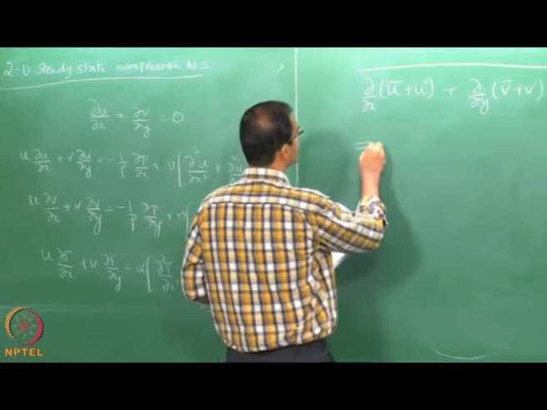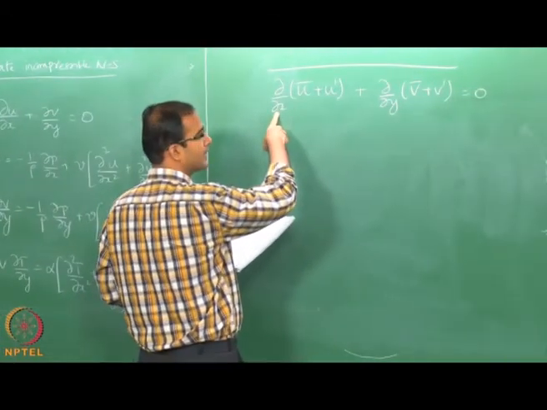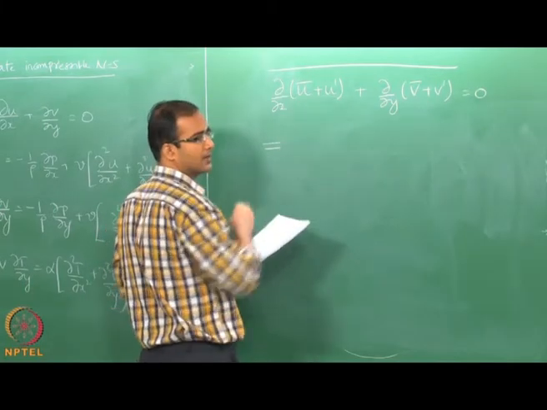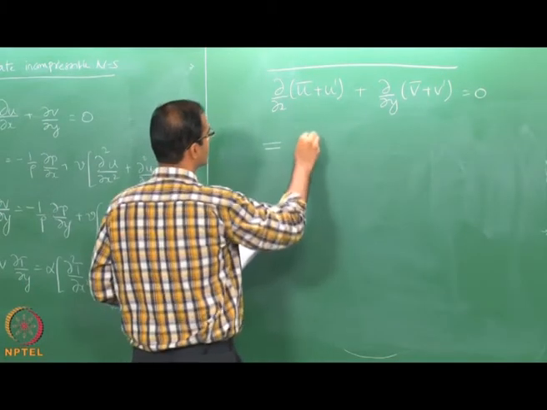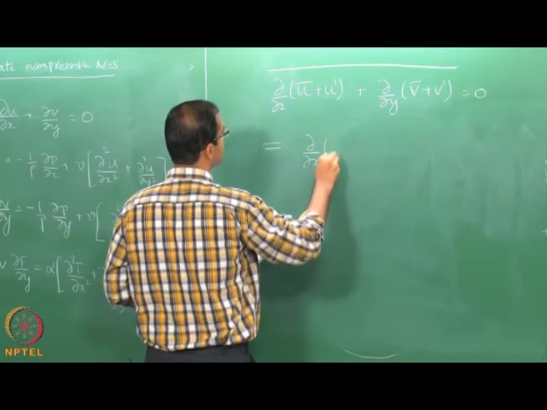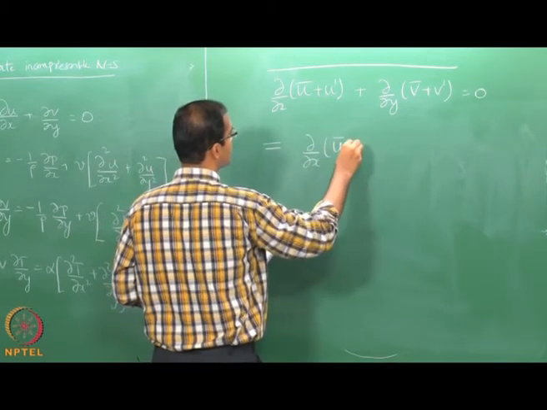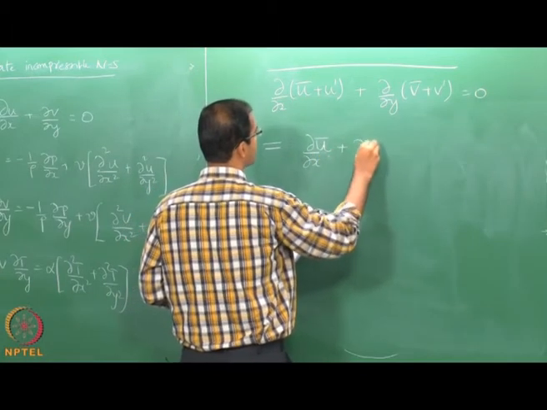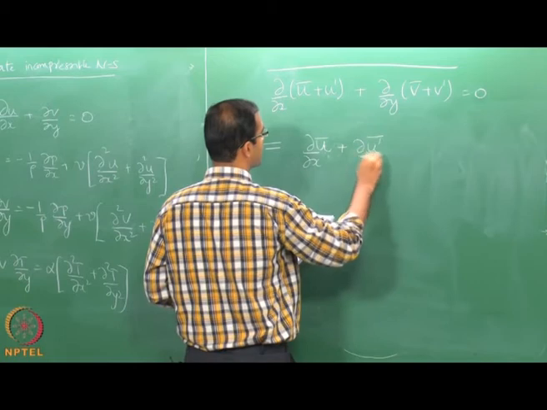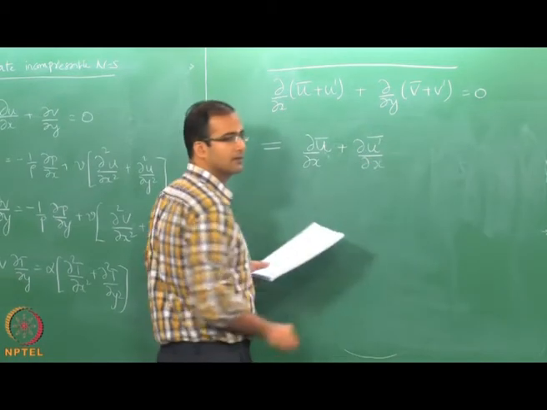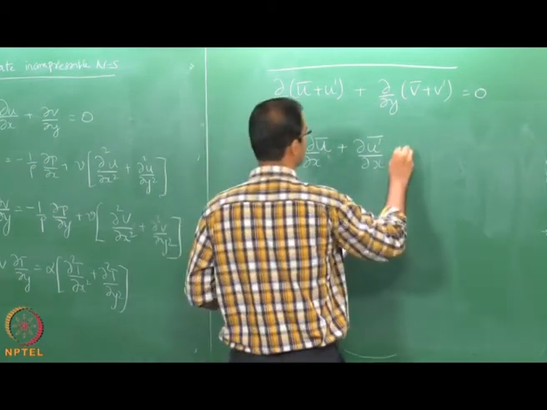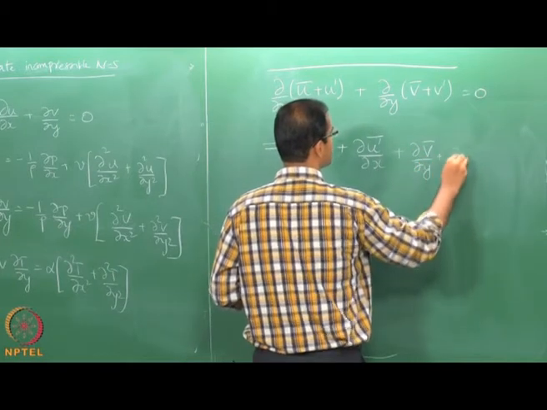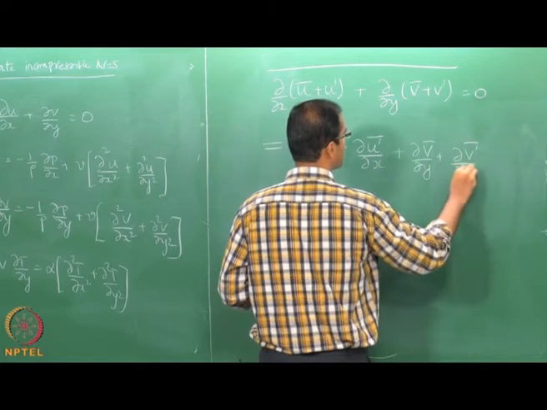So, this operator d by dx of u bar plus u prime bar, that will be what? d by dx of u bar, so we can of course write this as this plus du prime bar by dx, plus dv bar by dy plus dv prime bar by dy.